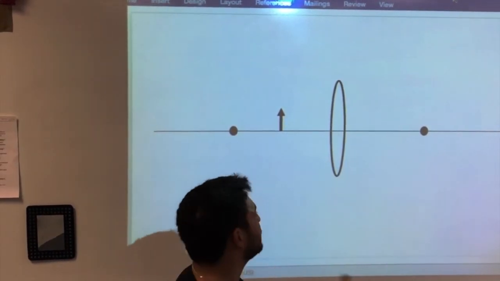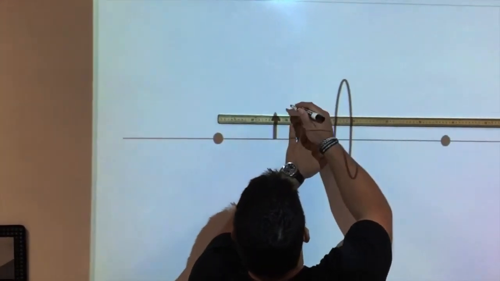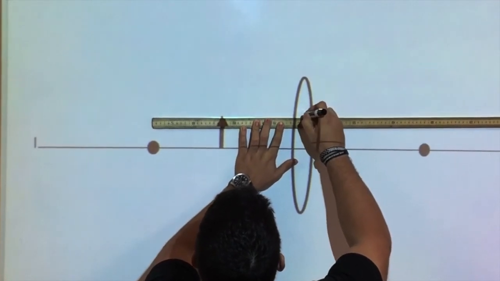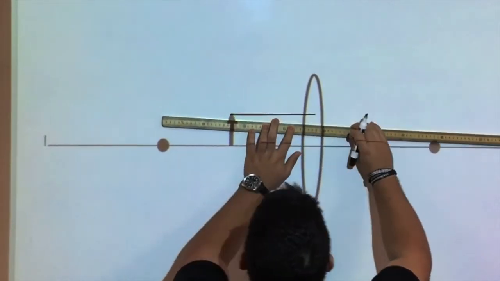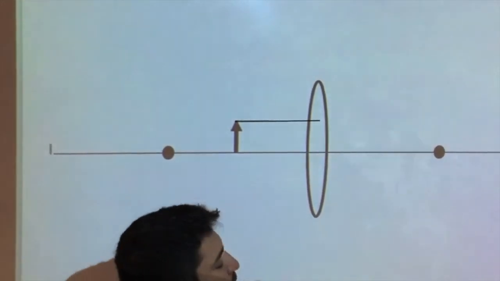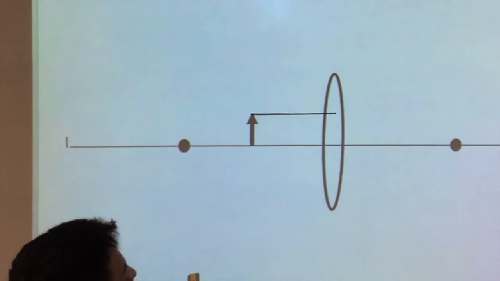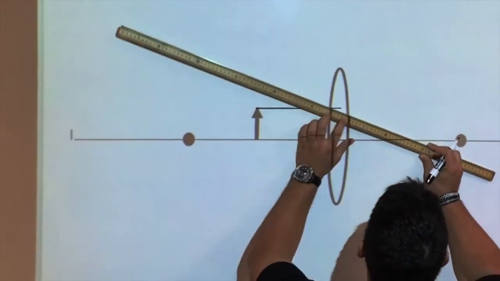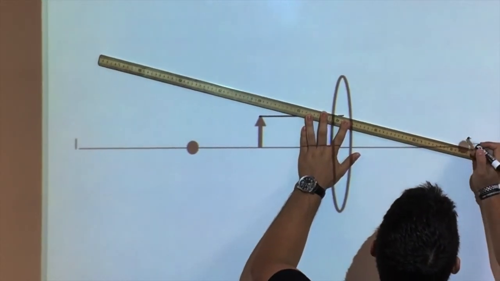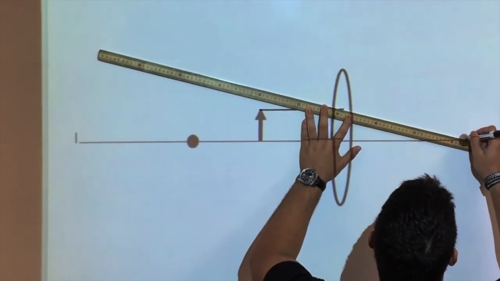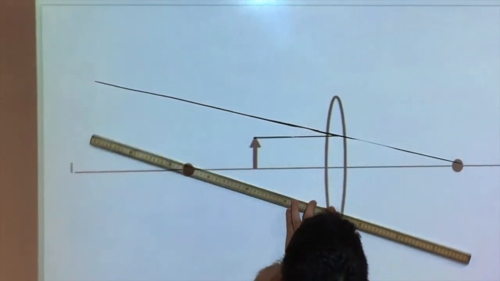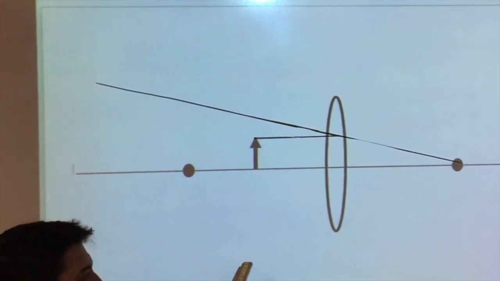The first thing, we always want to go from the tip of our object to the center of our lens. So we're going to go from here to there. But from here, it gets a little bit different. We're going to extend the line all the way across, from our focal point, all the way in that direction. So that already in itself is a little bit different.